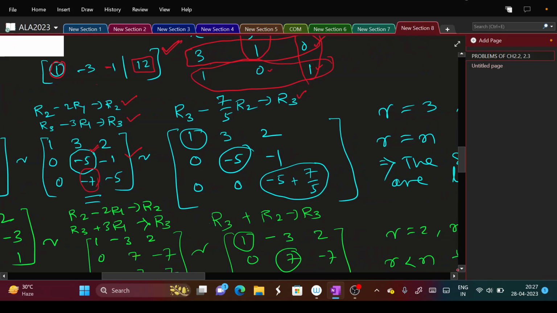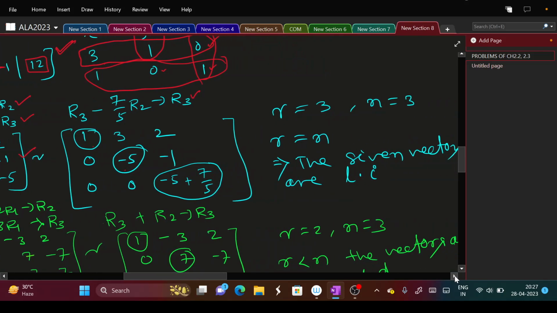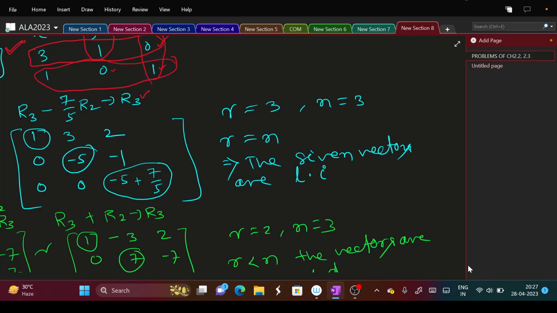After doing that operation, we got the echelon form having 3 non-zero pivots. Hence the rank of the matrix is 3, which equals the number of vectors. Hence the vectors are linearly independent, as the matrix has a full set of pivots.